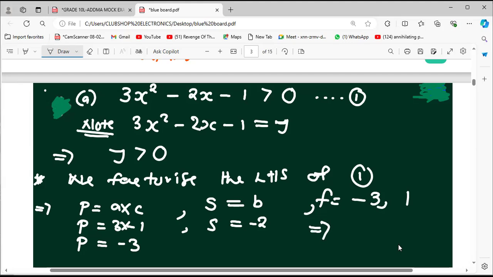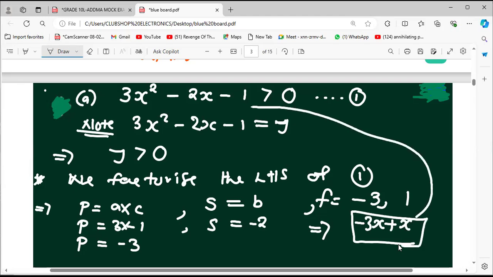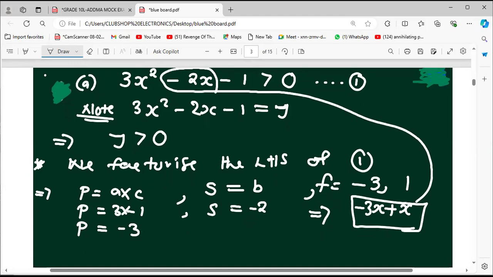What does it imply? It simply means, since the variable in 1 is x, that the middle term is replaced by -3x plus x. So this part will replace this part, right? So we are trying to expand that, because -3x plus x is 2x.